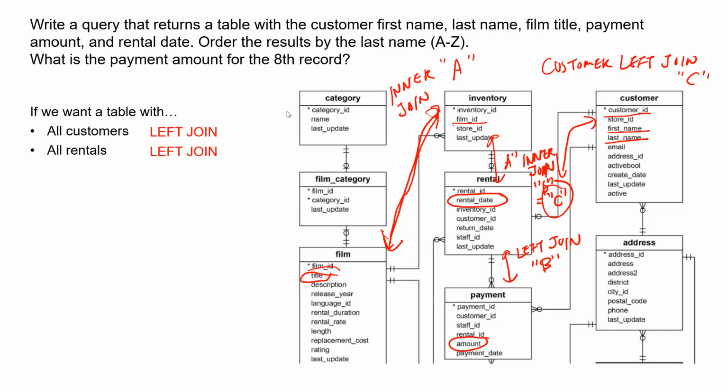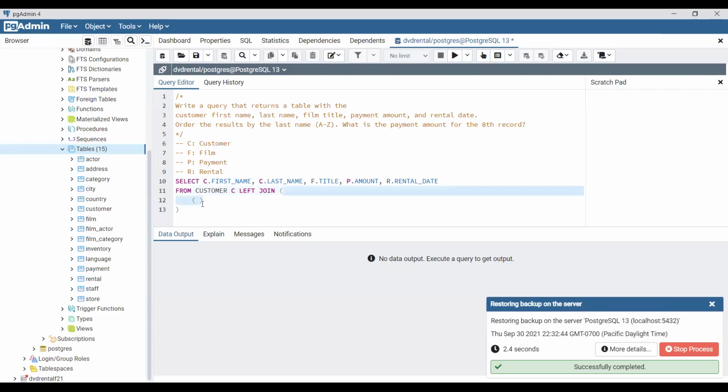Okay, so let me go back to Postgres again, and I'm going to write that inner query. So this has to be an inner query because the query we're looking at has to do with rentals, and you can't really have rentals if there is no inventory, right? So I can assume that this is an inner query. So let's do a film F inner join.